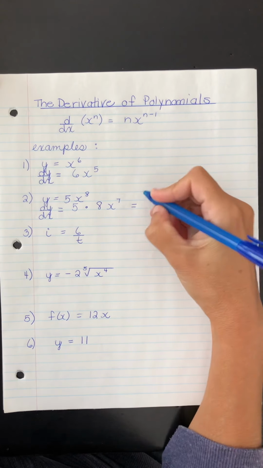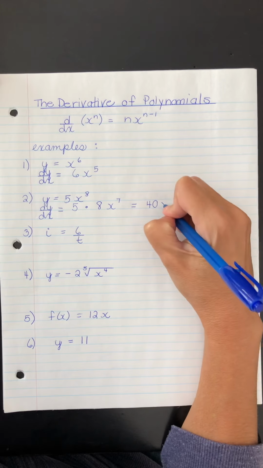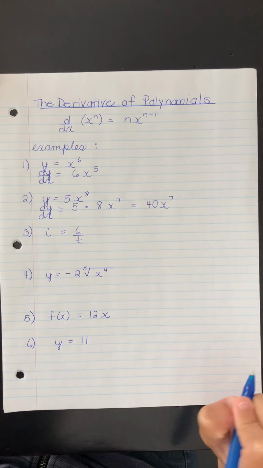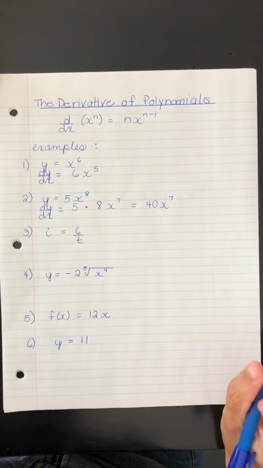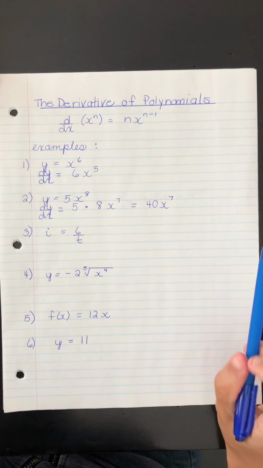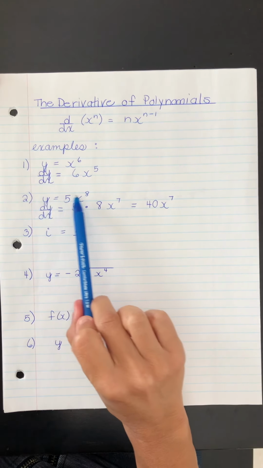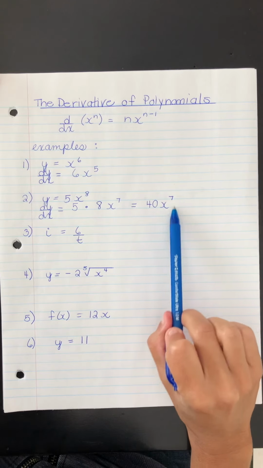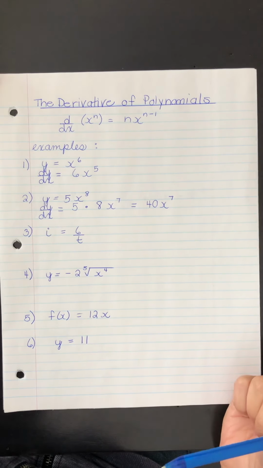So we end up with 40 times x to the power of 7 as the derivative of 5x to the power of 8. So this is y, and this is dy by dx.